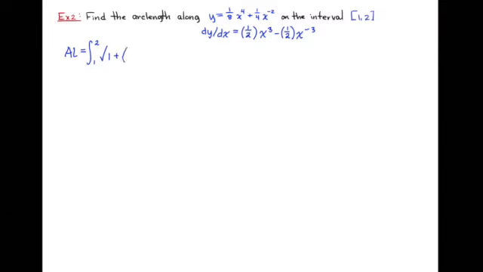So we have 1/2 x cubed minus 1/2 x to the -3, that whole quantity squared, dx. So for this squared part, I'll come over and do a little bit of scratch work for you.